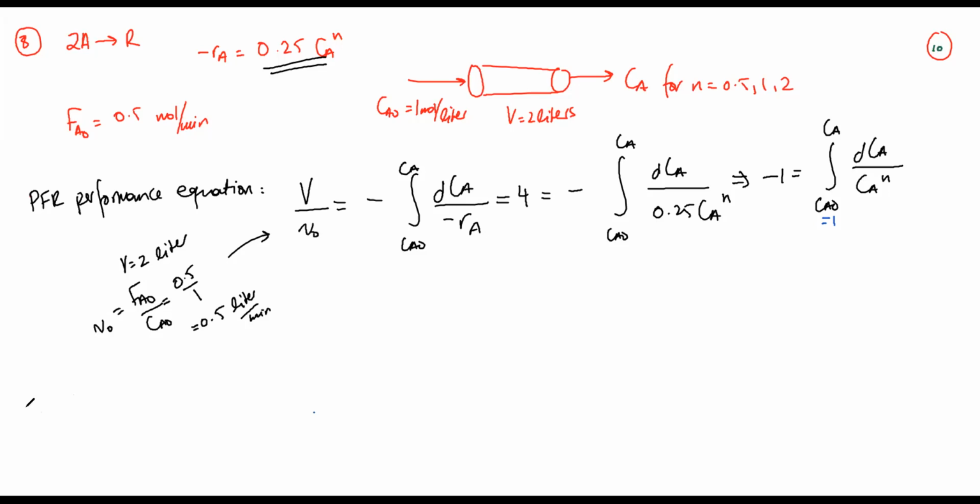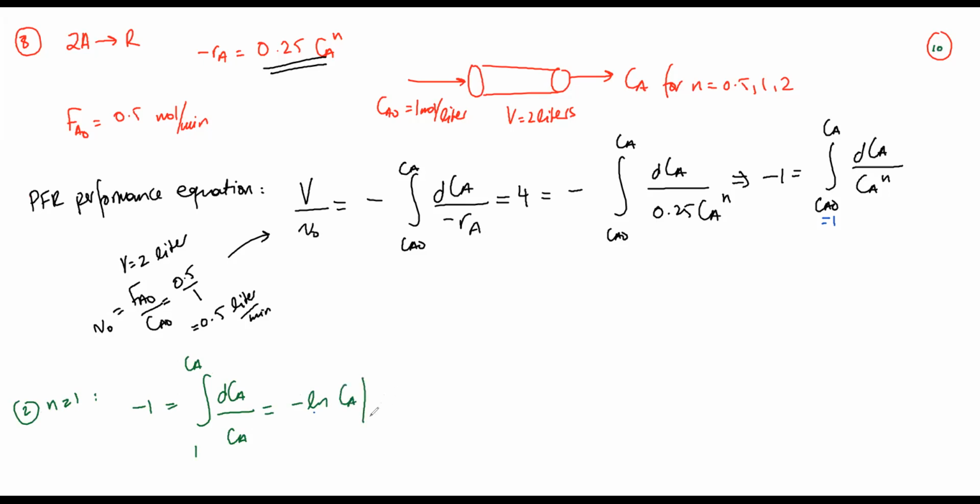Okay, for n equals 1, I have -1 equal to the integral from 1 to CA of dCA over CA, which is equal to minus ln CA.